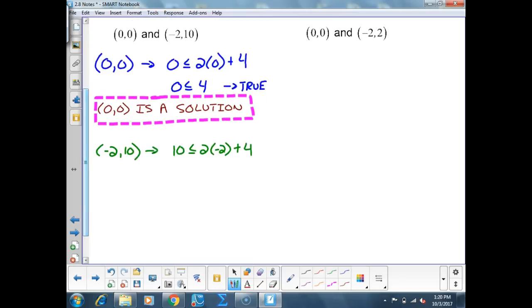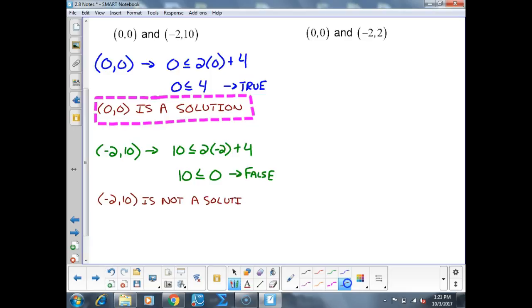Negative 2 times 2 is negative 4, plus 4 is 0, so I get the inequality 10 is less than or equal to 0. And that is a false statement. So therefore, negative 2, 10 is not a solution to my inequality.